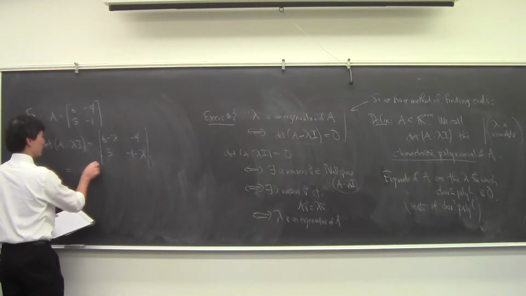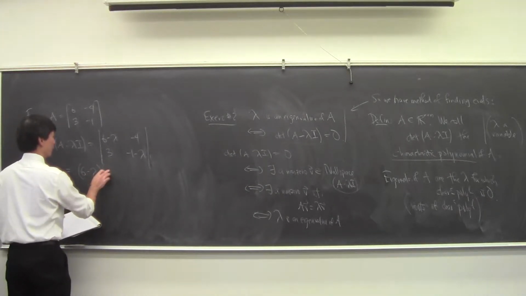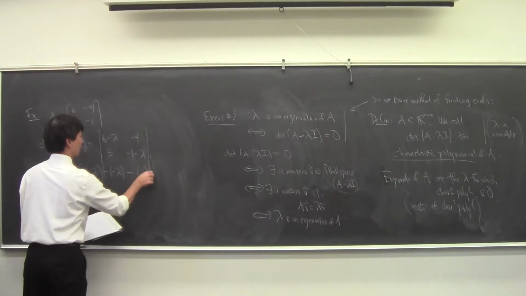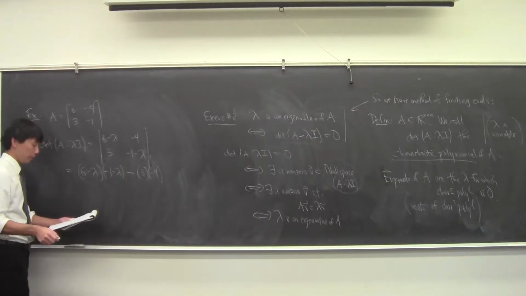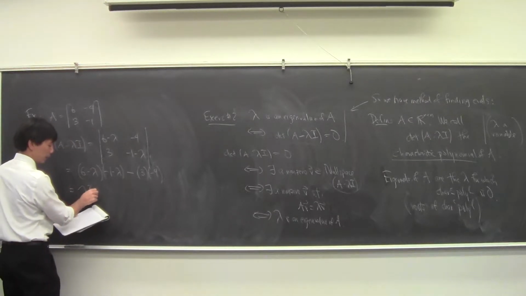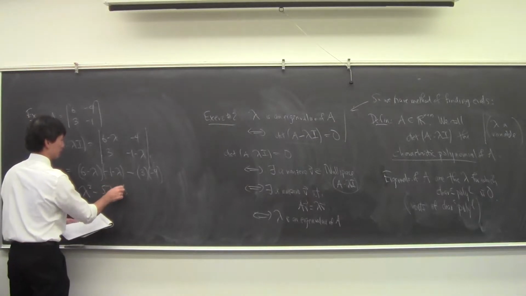In other words, 6 minus lambda times -1 minus lambda minus 3 times -4. Whatever that is, it works out to lambda squared minus 5 lambda plus 6.